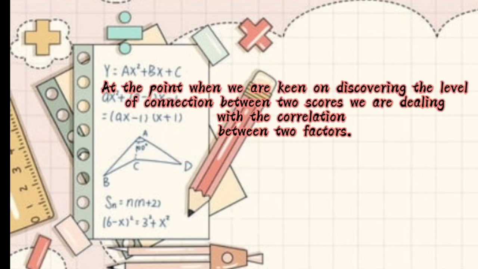When we are keen on discovering the level of connection between two scores, we are dealing with the correlation between two factors. In simple terms, covariability is the correlated variation of two or more variables.